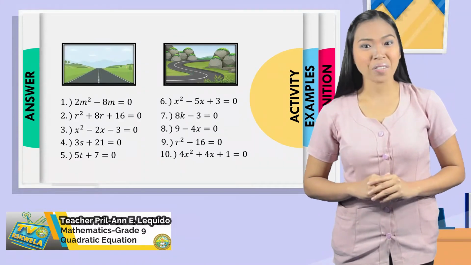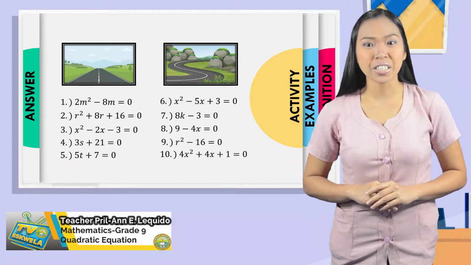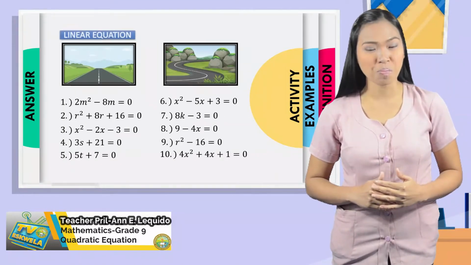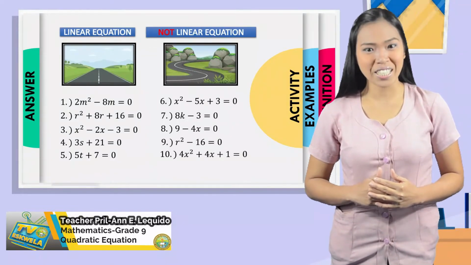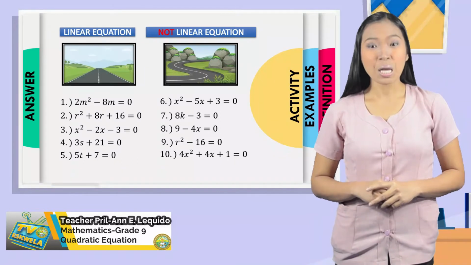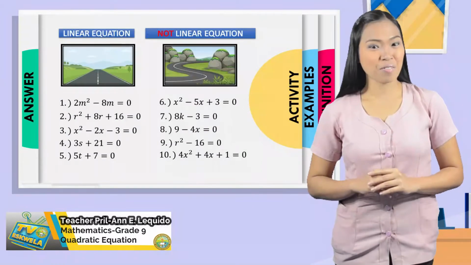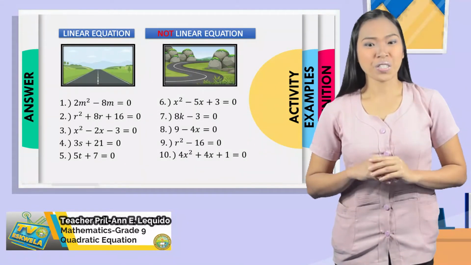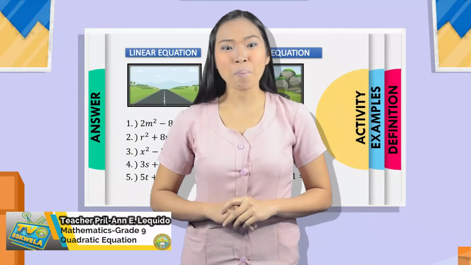The straight path on the first column is where you will post the linear equations, while the curved path on the second column is for the equations which are not linear. Please choose the right path. I will give you 20 seconds to do that. Your time now begins. All right, your time is up.